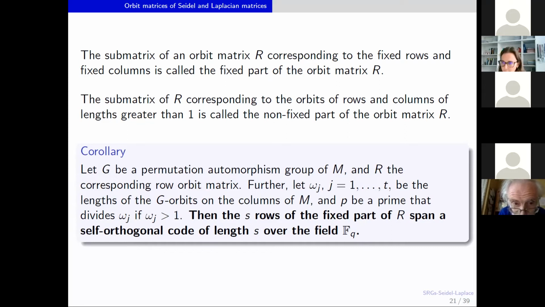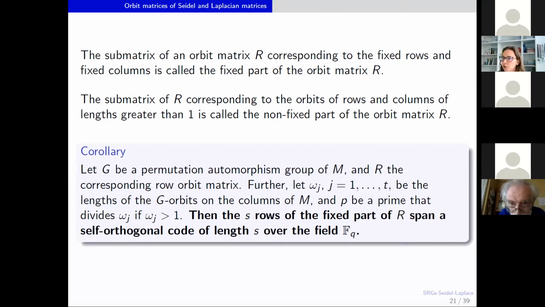So if you take the theorems that I showed you before, it is a very easy consequence that if you have a permutation automorphism group of matrix M, and the corresponding orbit matrix, and omega j are the lengths of the G orbits on the columns of this matrix, and P is a prime that divides omega j, then if you take S rows belonging to the fixed part of the orbit matrix, they will span a self-orthogonal code of length S over the field FQ.